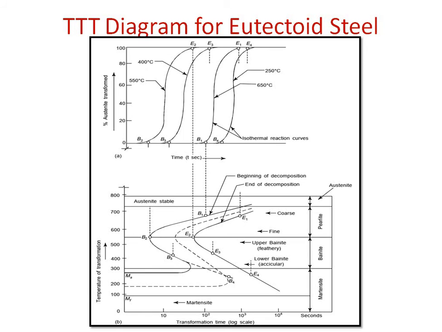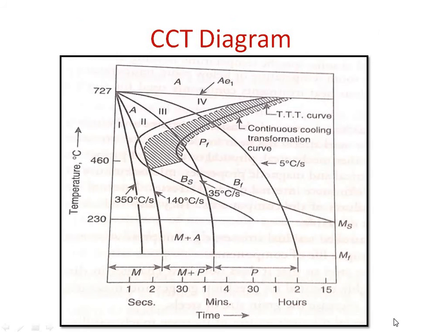When steel is cooled continuously from a high temperature to a low temperature, the TTT curve shifts to the right and also downward. That is, pearlite and bainite transformation occurs at lower temperature and requires longer time for completion.